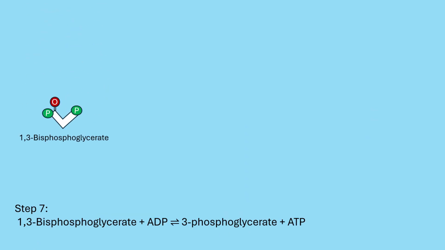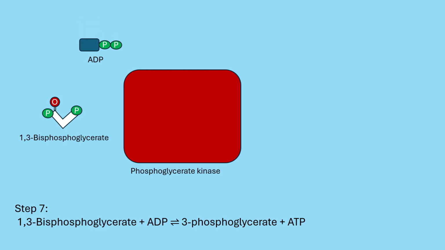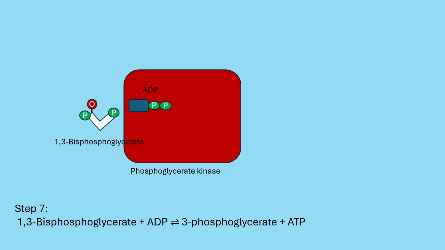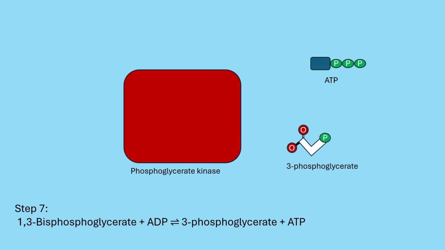Step 7 is where glycolysis produces its first ATP and is catalyzed by the enzyme phosphoglycerate kinase. 1,3-bisphosphoglycerate is a high-energy molecule, and it donates one of its phosphate groups to ADP, forming ATP and 3-phosphoglycerate. Remember that this step produces 2 ATP.